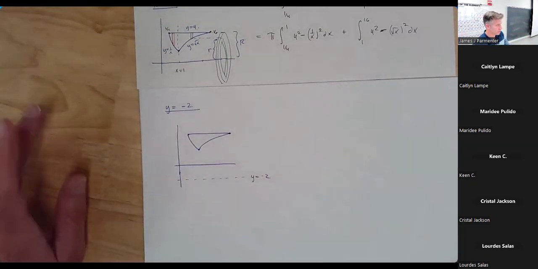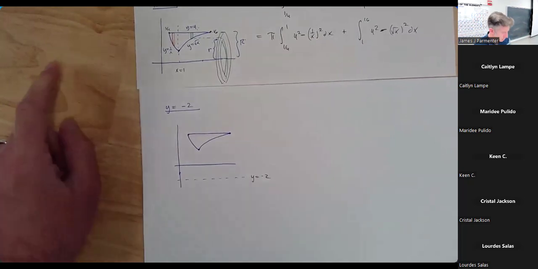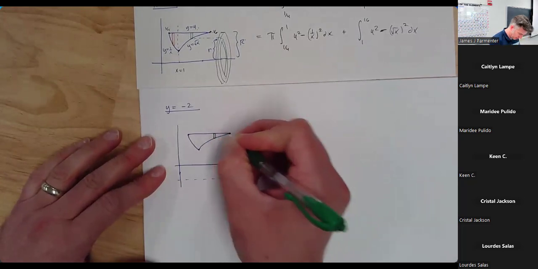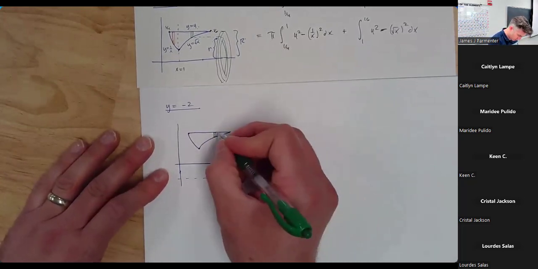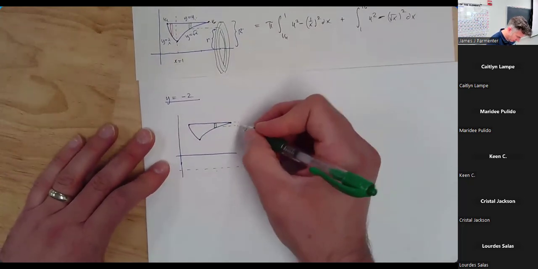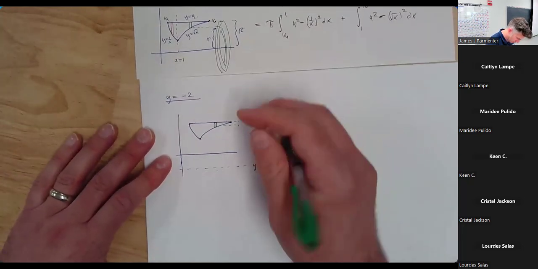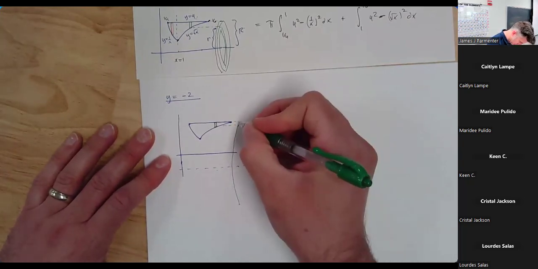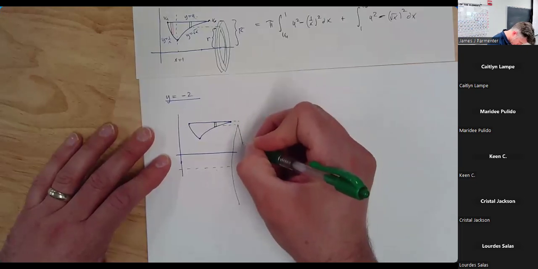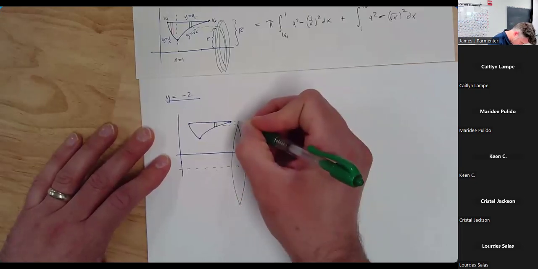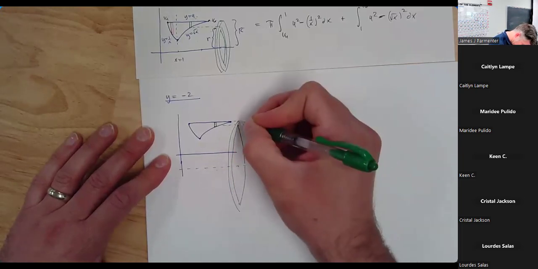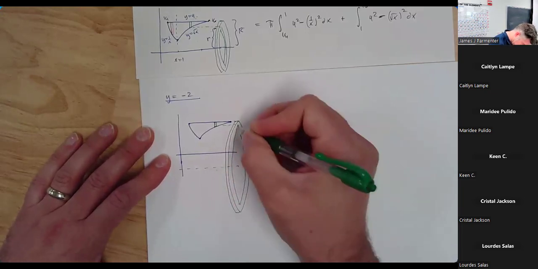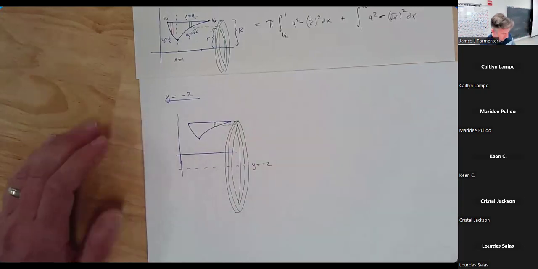And here's how I really want you to conceptualize this. In fact, I am going to draw some pictures here. For this strip here, I'm rotating that strip around that axis. So draw this out here. It's going to be a very, very big washer, like a ring.